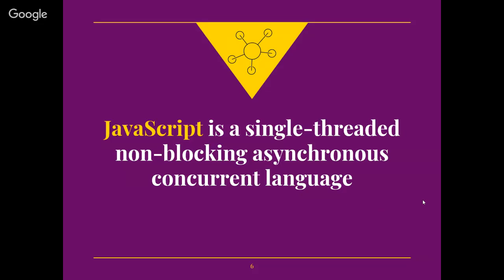And remember, the runtime is the environment that JavaScript is executed in. It's not the engine, the runtime. So the two most common environments in which JavaScript is executed are the browser and Node.js.